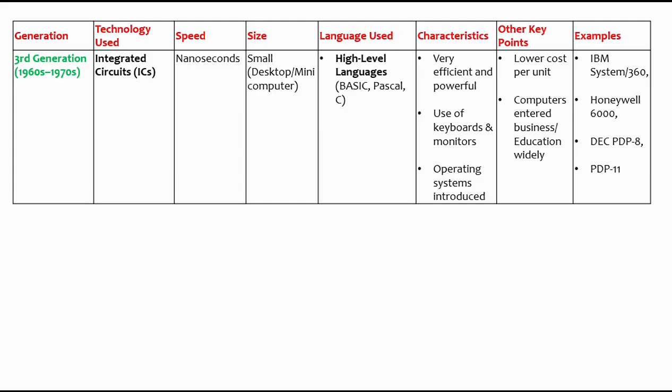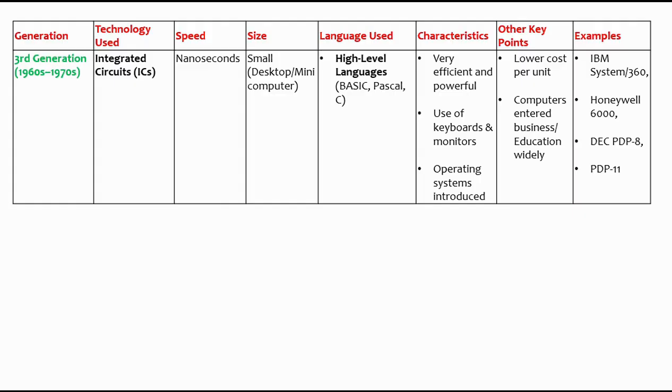For the first time, users interacted through keyboards and monitors instead of punch cards. Another major advancement was the introduction of operating systems, that is OS, which managed hardware as well as software and allowed multiple programs to run effectively.